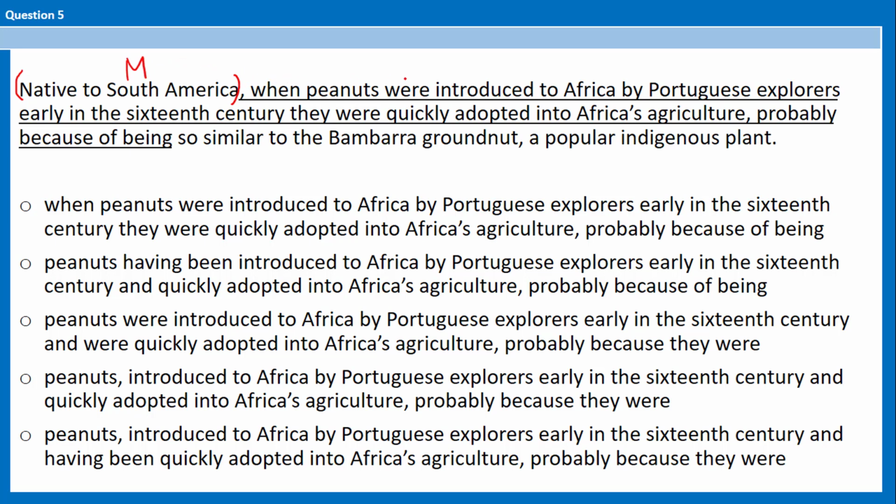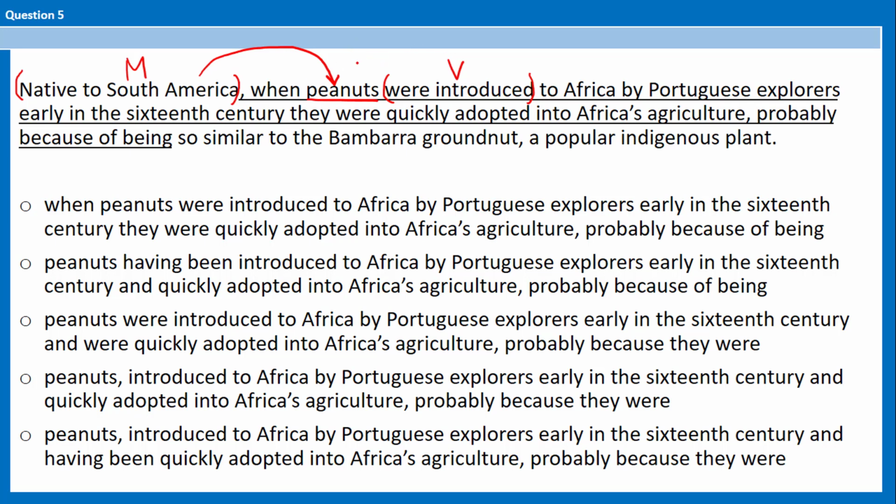When peanuts were introduced to Africa by Portuguese explorers early in the 16th century, they were quickly adopted into Africa's agriculture, probably because of being so similar to the Bambara groundnut, a popular indigenous plant. Native to South America has to describe peanuts. Peanuts were introduced has to be the verb.